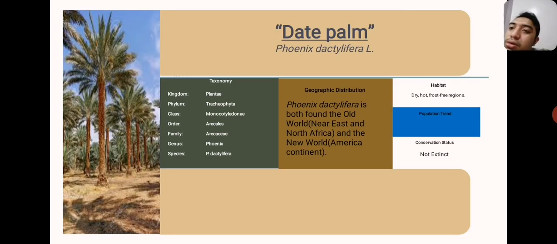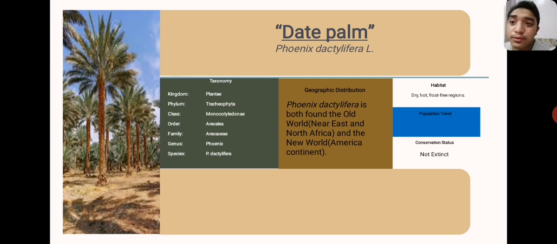And the most familiar, date palm, scientific name Phoenix dactylifera. Taxonomy: kingdom Plantae, phylum Tracheophyta, class Monocotyledonae, order Arecales, family Arecaceae, genus Phoenix, and the species is Phoenix dactylifera.